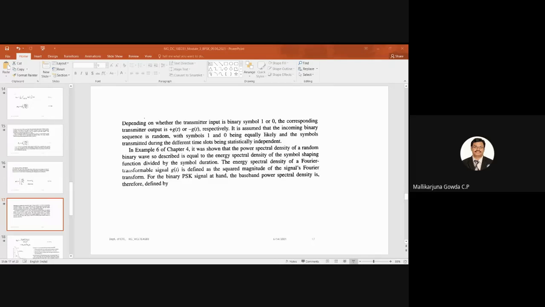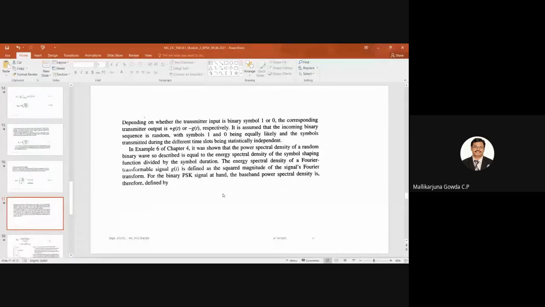I remember I have shown you what the autocorrelation function of the binary random wave will be. It will be of triangular type.